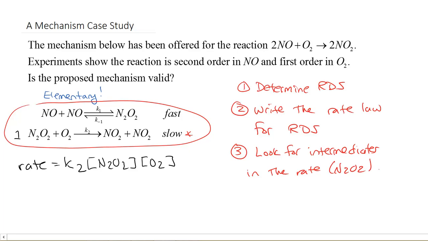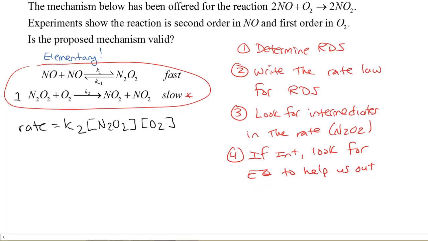However, the equilibrium step gives us a neat little trick that we can deal with. And that is, if there is an intermediate, we're going to look for the equilibrium to help us out. And our goal there would be to use the equilibrium to substitute away from the N2O2.